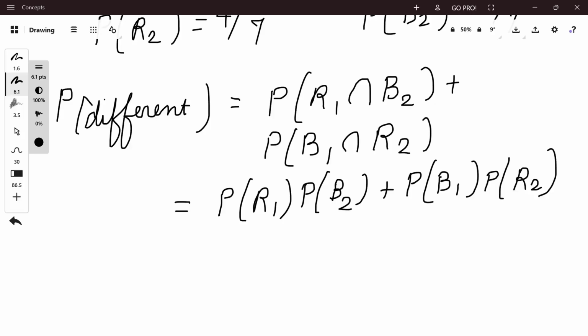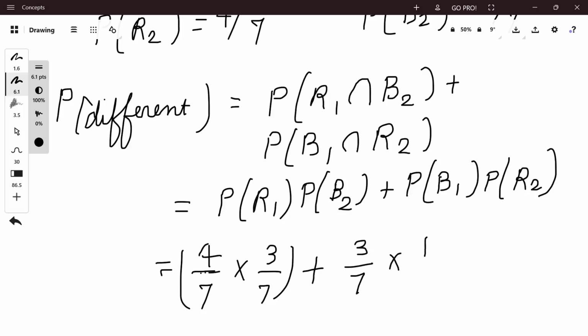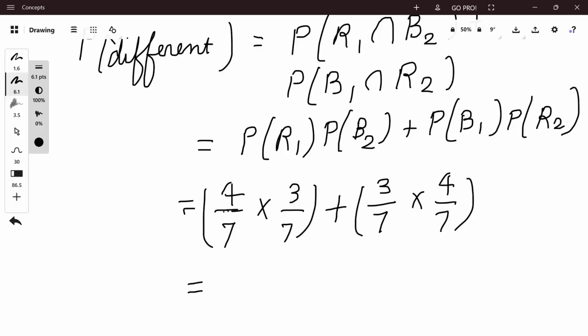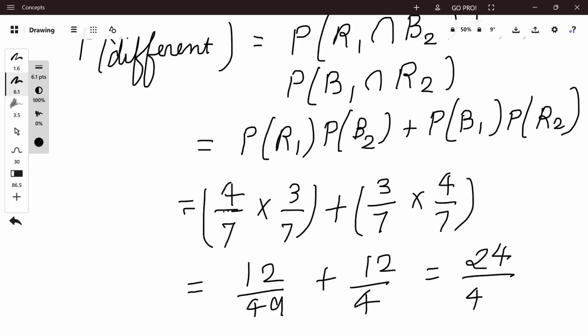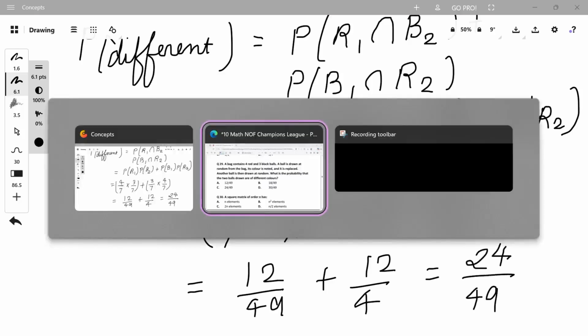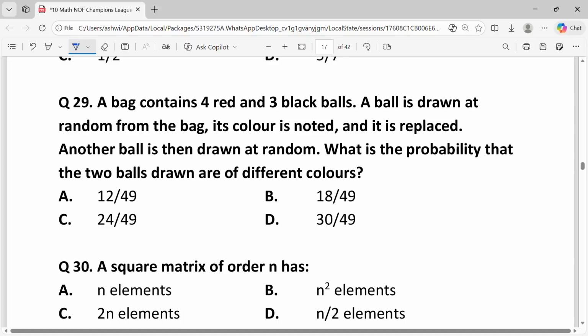Substituting the values, that is 4 by 7 into 3 by 7 plus 3 by 7 into 4 by 7. That is equal to 12 upon 49 plus 12 upon 49, which is equal to 24 upon 49. From the given options, the answer is C, 24 upon 49.